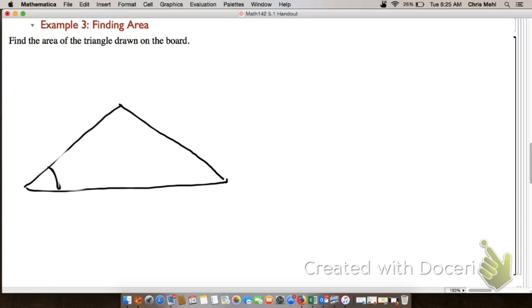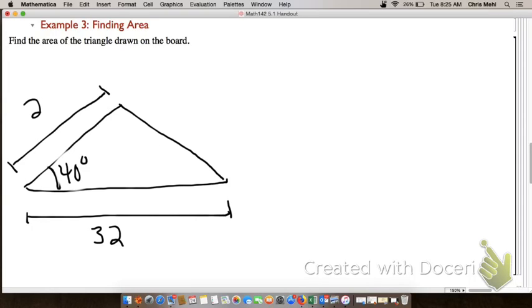I just cannot draw a degree symbol today. There we go. So we got a 40 degree angle. We'll say the length of the base of this triangle, I'll just make something up, is 32. And then let's just say that the length of this other side here is 20. And we're going to find the area of this triangle.